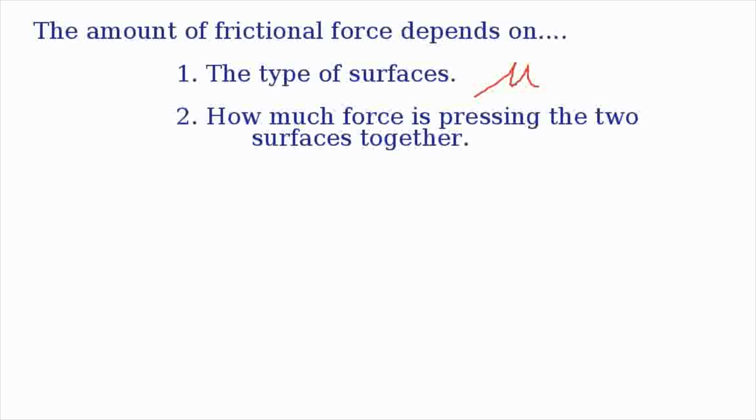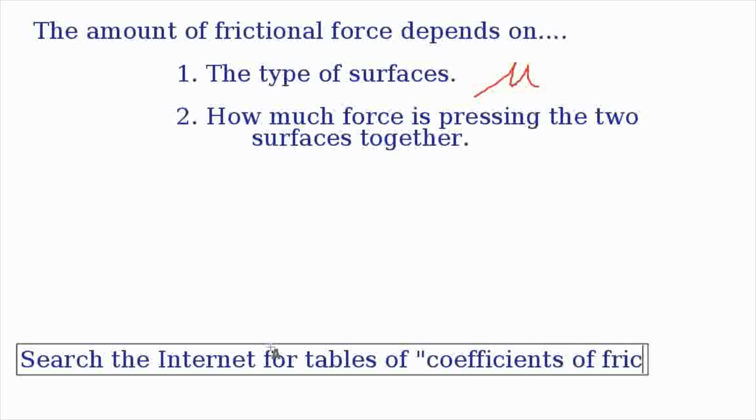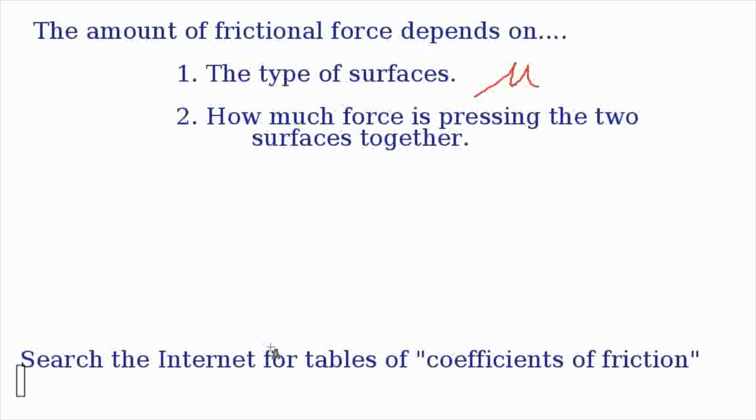I would encourage you to do this right now: search the internet for tables of coefficients of friction. You will see the friction of glass on glass, or different types of metal on metal, etc. You'll have different numbers, and as surfaces get rougher, you'll see that the coefficients get bigger.